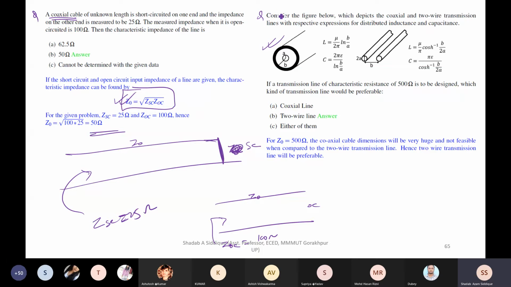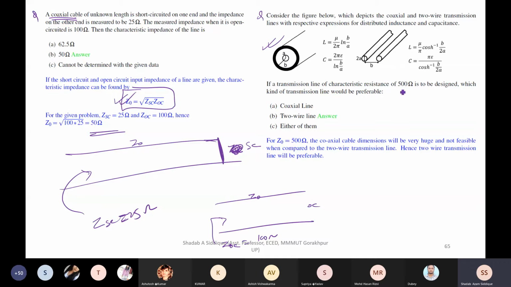Now the next problem given here: consider the figure below which depicts the coaxial and two-wire transmission lines with respective expressions for distributed inductance and capacitance, L and C, for the two-wire line and coaxial line.